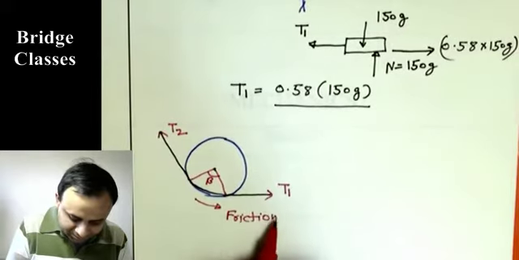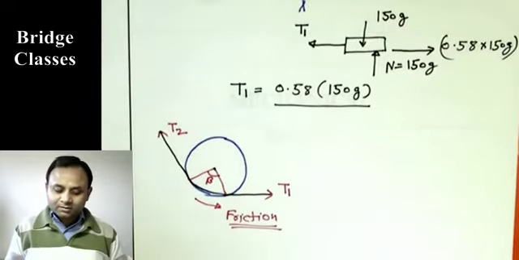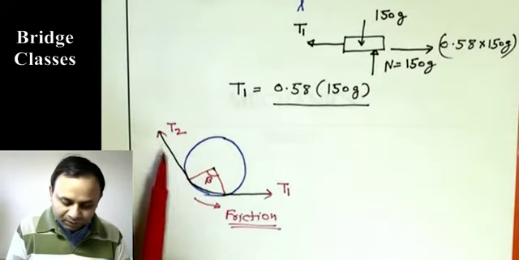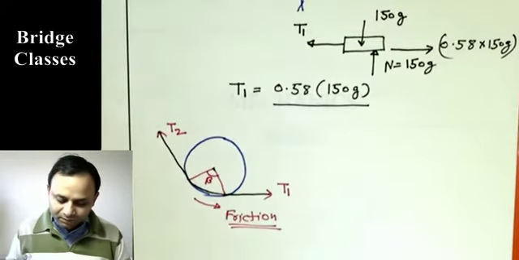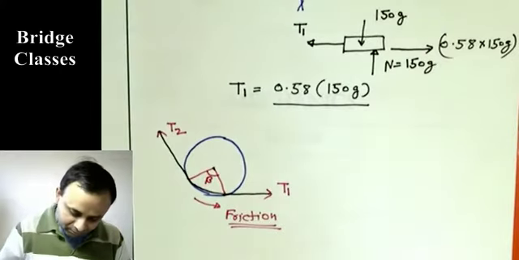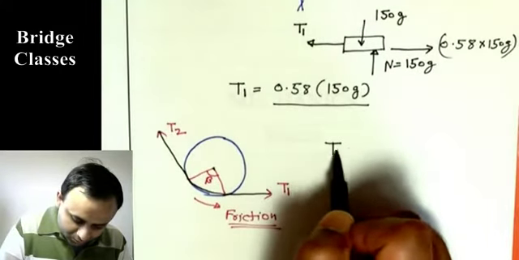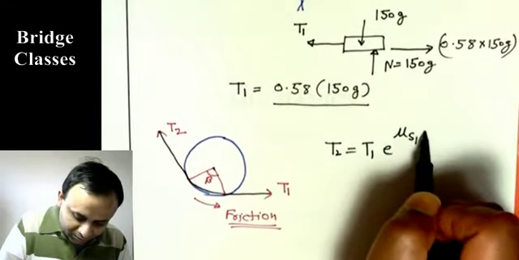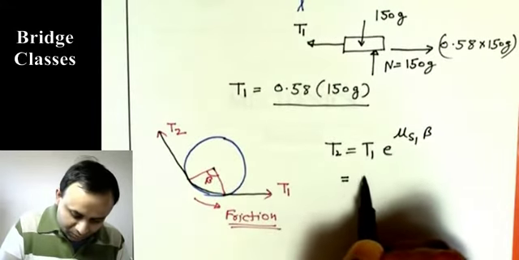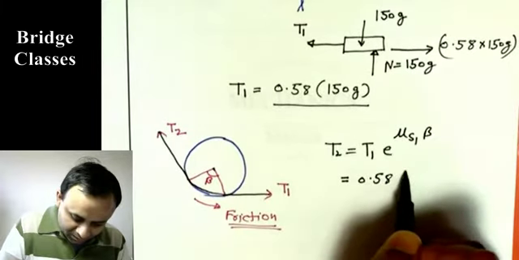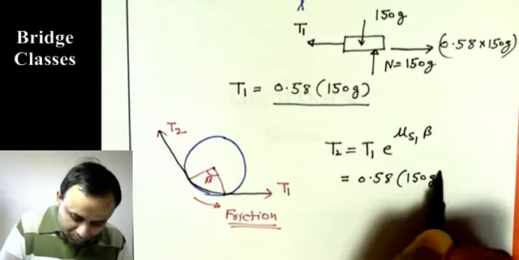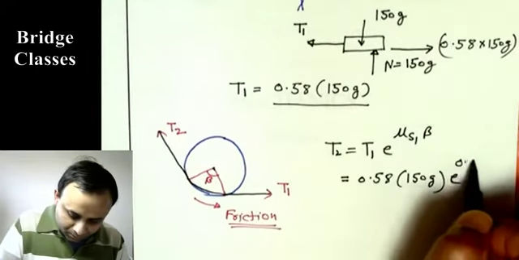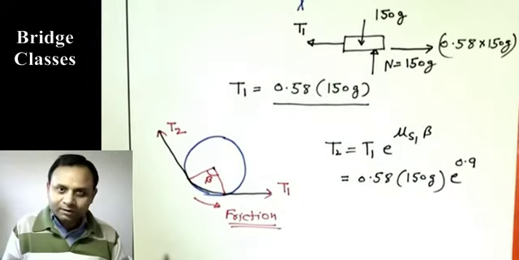We have to see in which direction friction acts. Then T2 is greater than T1, so T2 will be T1 e to the power mu beta, which we got previously. So T2 is T1 e to the power mu s1 beta, and that becomes 0.58 times 150 g times e to the power 0.9 times beta, where beta we have to take in radian.